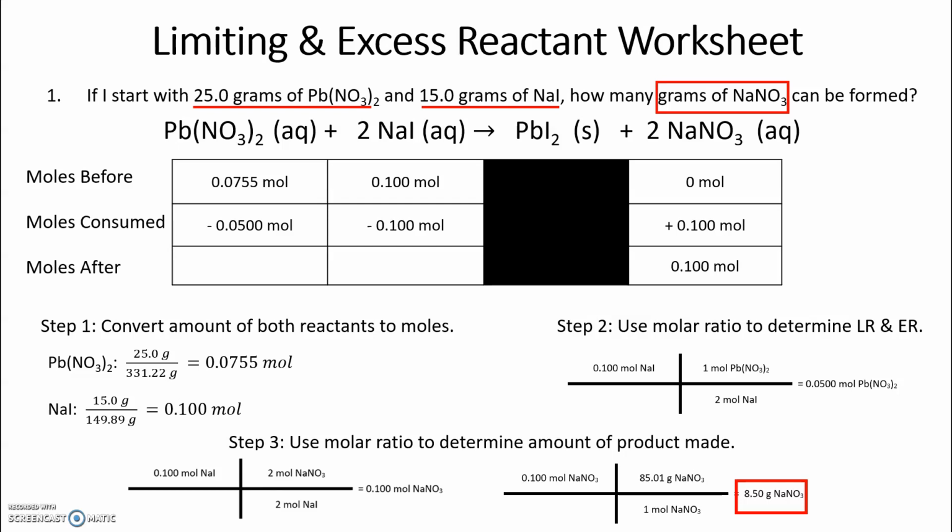So when we have grams over mole, remember the molar mass in grams is equal to just 1 mole, and the molar mass of sodium nitrate is 85.01. So when we multiply across the top and divide by the denominator, we end up with a grand total of 8.5 grams of sodium nitrate being produced. So that would be our answer to number 1.